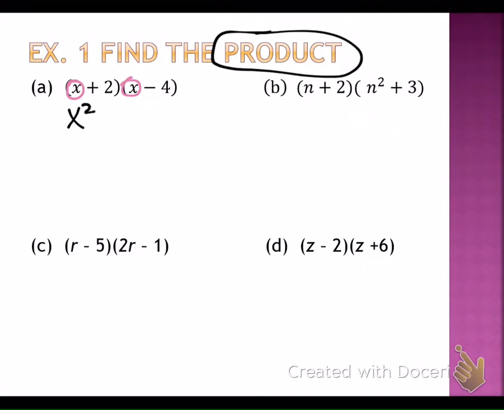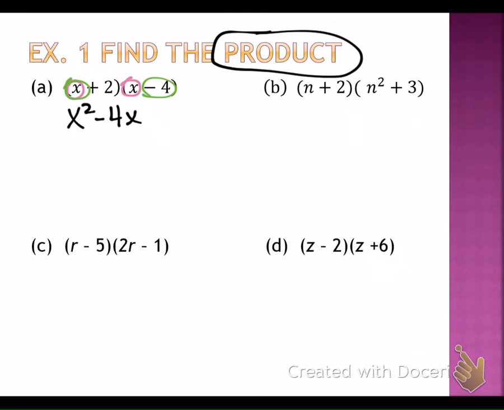All right, Olivia, the O stands for the outside terms. What are the outside terms that I'm supposed to be multiplying? X and negative 4. So when I multiply those, what do I get? Negative 4x. All right, Claire, I stands for inside. What are my inside terms? Yep, X and 2. Very good. So 2 and X. What is 2 times X? 2x.